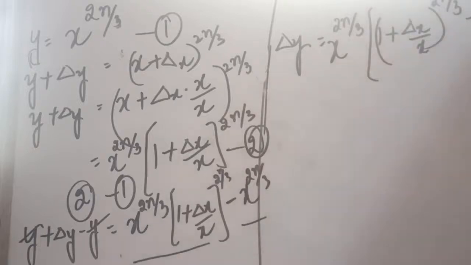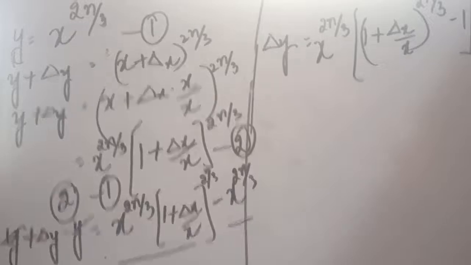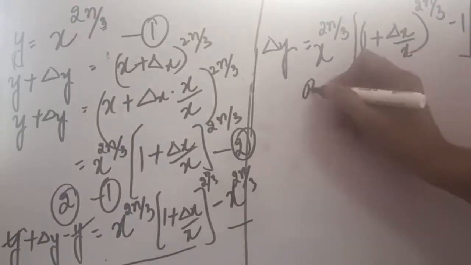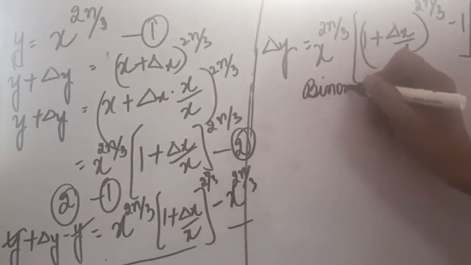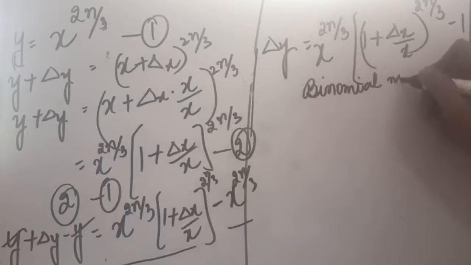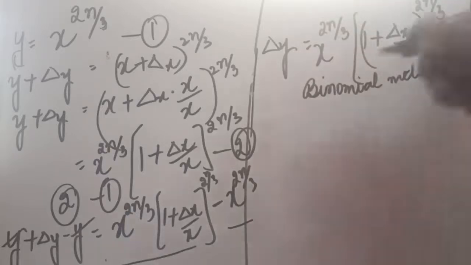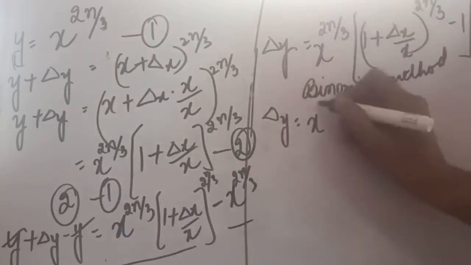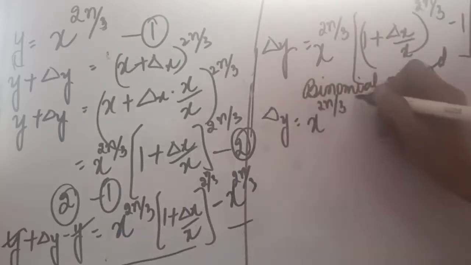Now we can apply the binomial theorem very easily over here, because we have got plus 1 in front and in the last also there is minus 1. So the binomial method, as we have seen in the previous example, can be applied over here. As we discussed earlier, with the help of the binomial theorem, this x power 2n by 3 is going to be the same.